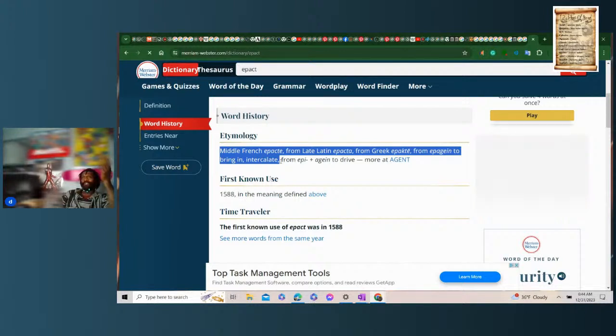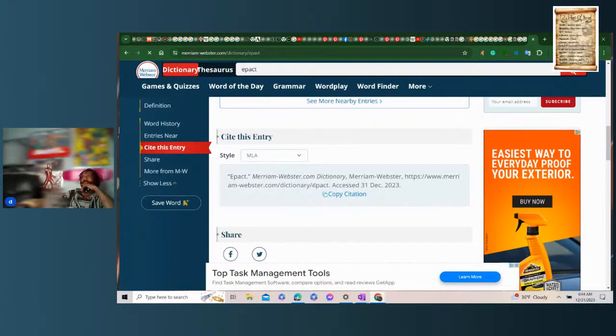I'm having issues with this. From epi or origin or agent to drive. I'm just not getting much out of this.